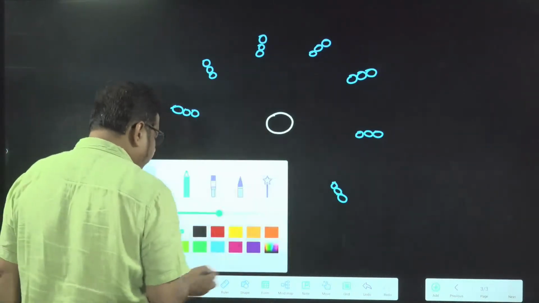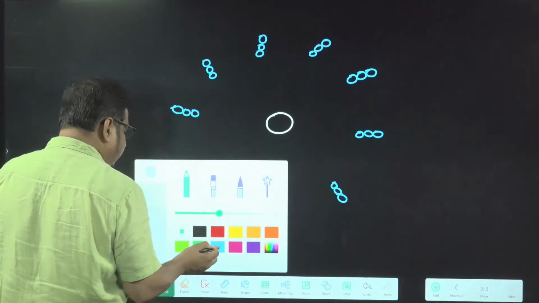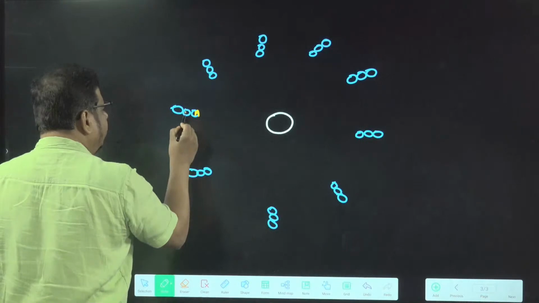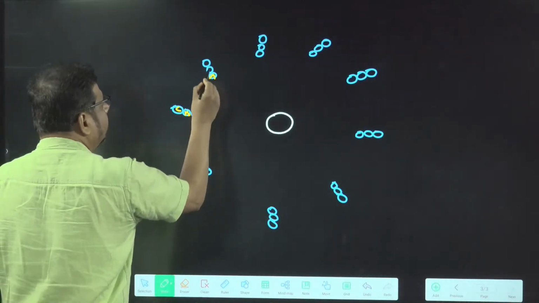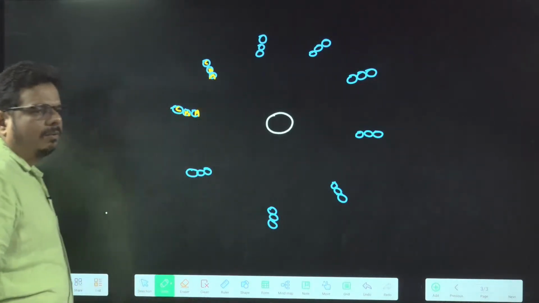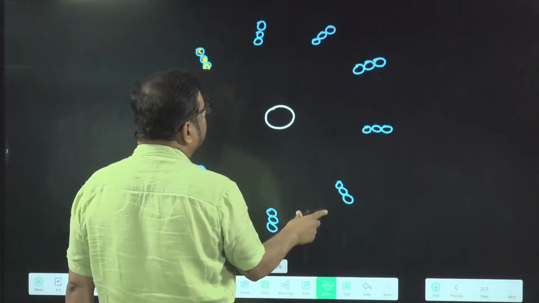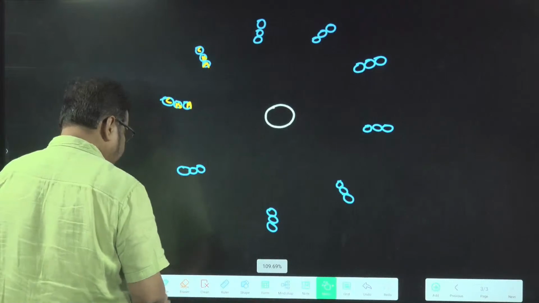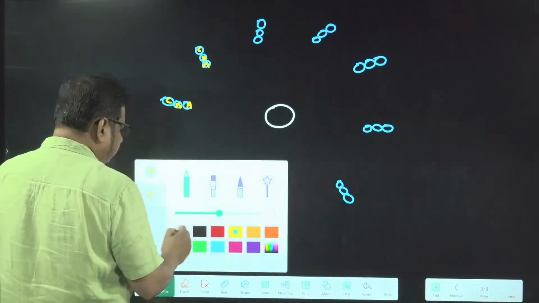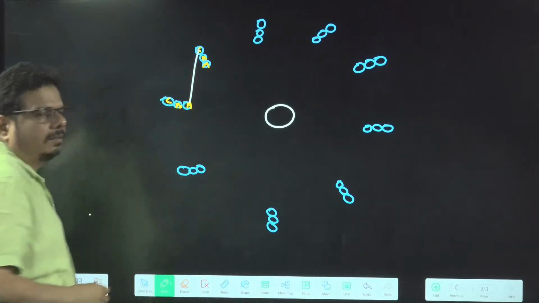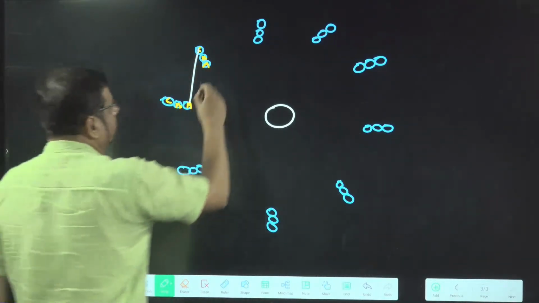Now, what is the name of this microtubular triplet? I already told you, na? Here, A, B, C tubule. Now, how do they join together? Let me tell you how they join together. See the things. Here, A will join with C with a protein, AC linker protein.